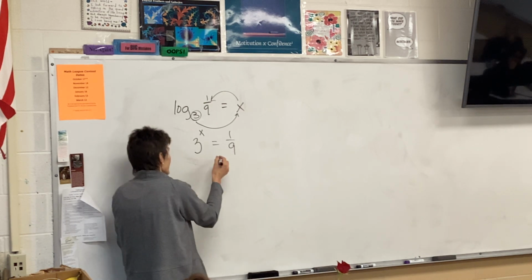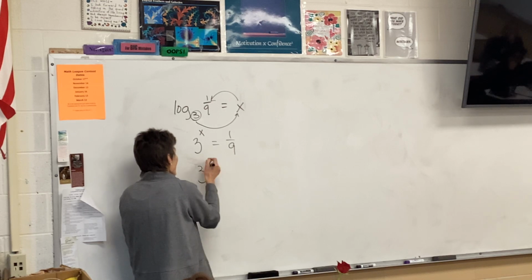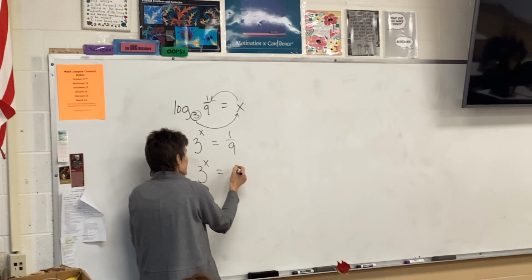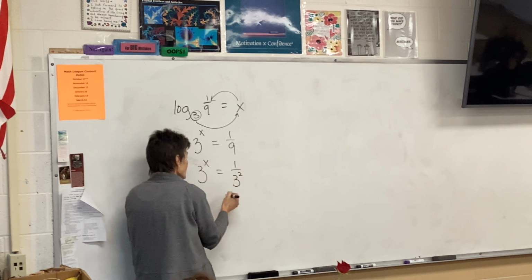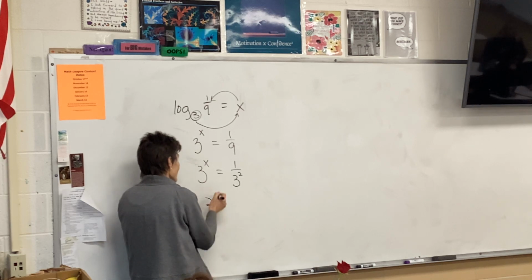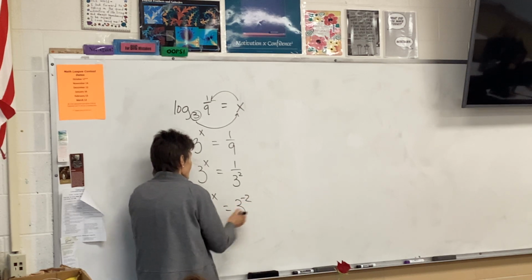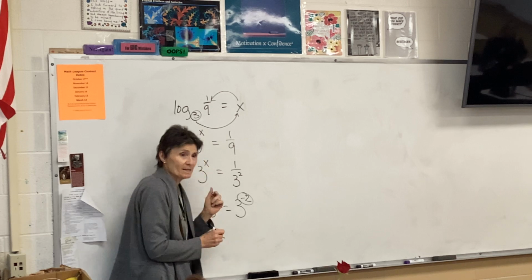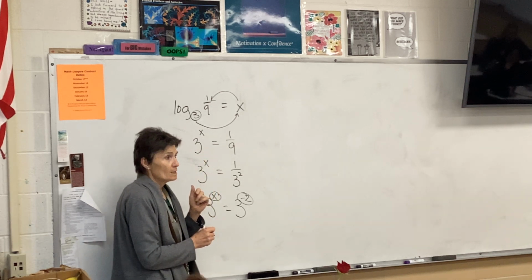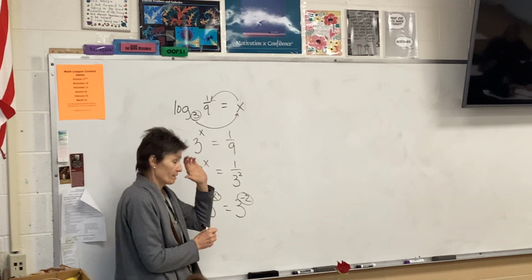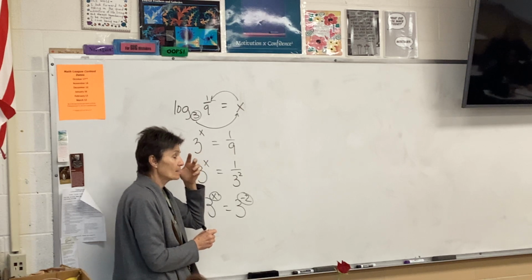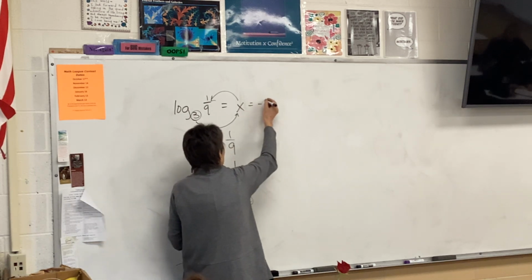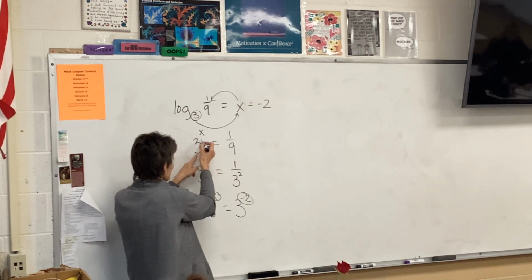So because 1/9 is 1 over 3 squared, and 1 over means it got flipped, that exponent has to be -2.